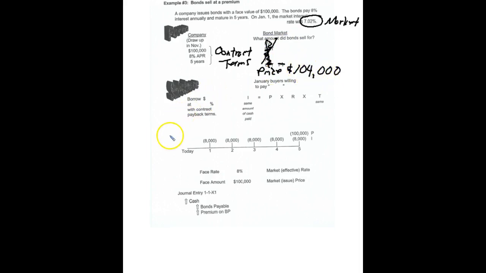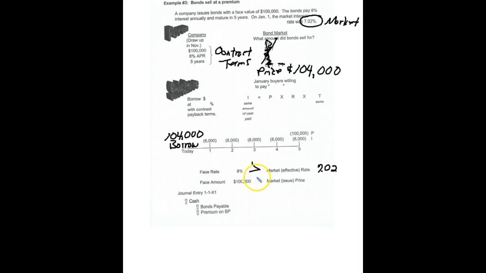So in essence then, instead of $100,000, we end up borrowing $104,000. So let's look at what happened. Even though the face rate is 8%, when we went to the market rates had gone down.